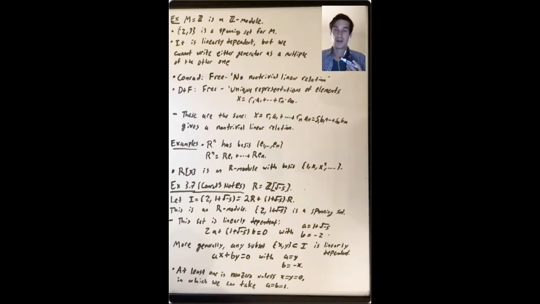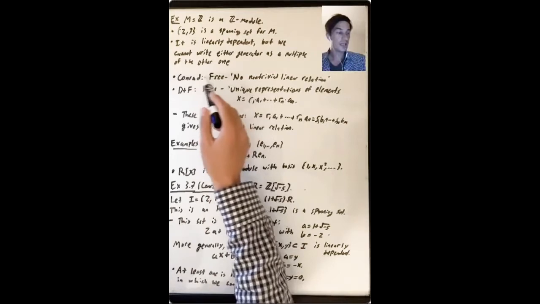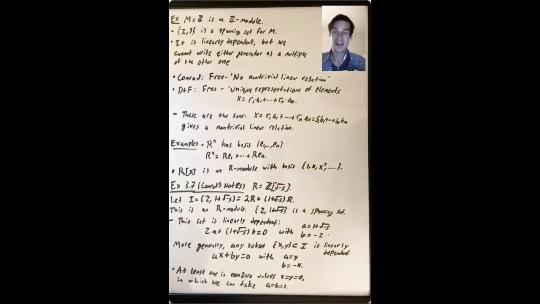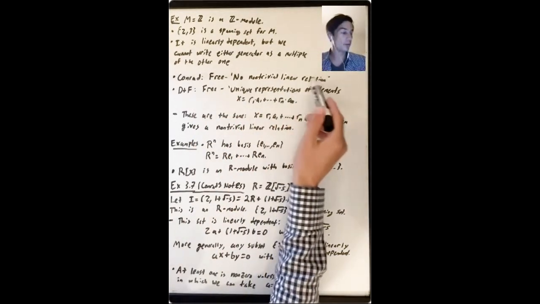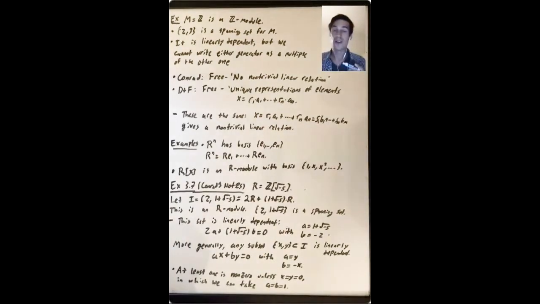So now that we've talked about both Dummit and Foote's definition of what it means to be free, and also the one presented in Conrad, let's just see how they compare. In Conrad's notes, free is saying that there's no non-trivial relations involving the elements of your set A. There's no R linear combination of the elements of A except the one where all the coefficients are 0.